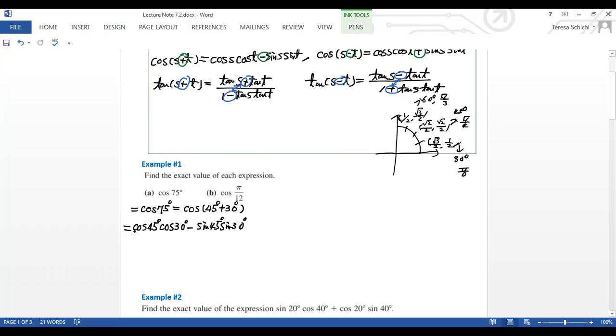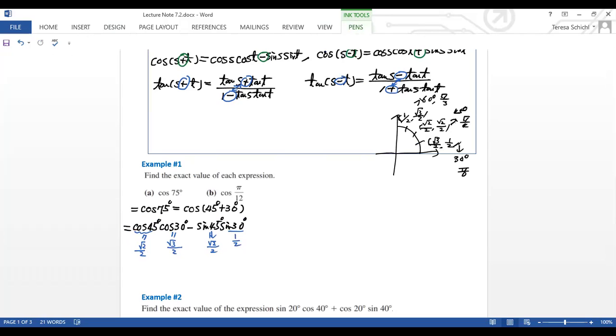I know cosine 45 from the unit circle is square root of 2 over 2. What is cosine 30? Square root of 3 over 2. Sine 45 is square root of 2 over 2. Sine 30 is 1/2.